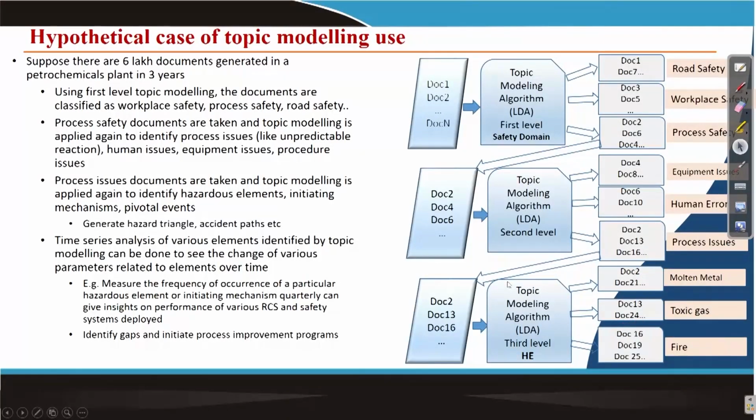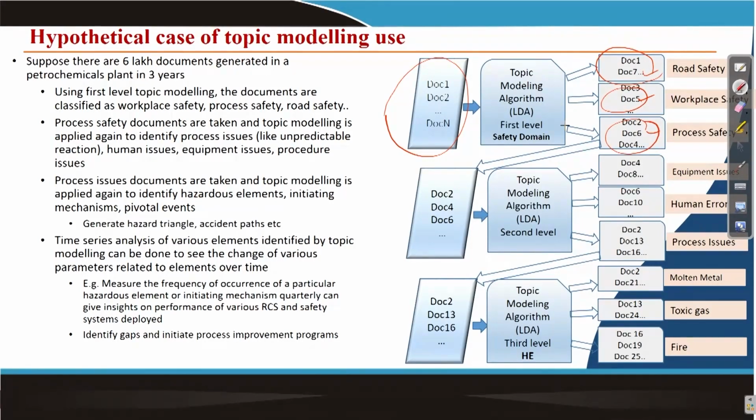Now I am giving you a hypothetical case to understand how topic modeling is applied. Suppose you think of a company where millions of documents are generated from the safety point of view. You can use topic modeling on all those documents at the first level and create several clusters.